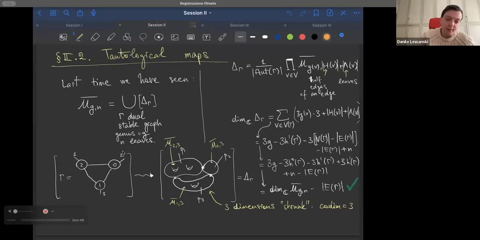You just consider this stratum of curves, and this is your stratification. And in fact, what is delta gamma? Delta gamma, you can write it down as 1 over the automorphism of gamma, which is a finite number, as we saw yesterday, by definition.